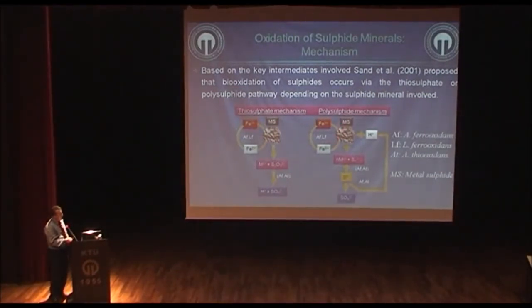On the other hand, sulfides like sphalerite or arsenopyrite can be oxidized within the system by ferric iron or acid attack, and they generate elemental sulfur on the mineral surface, and if there are sulfur oxidizers within the system, they can remove the sulfur formed on the mineral surface.